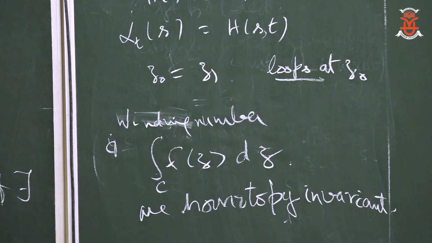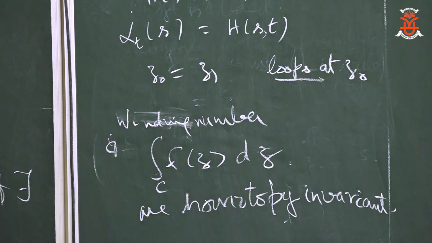By which is meant that if two curves are loop homotopic, then the index of the two are the same with respect to any point.